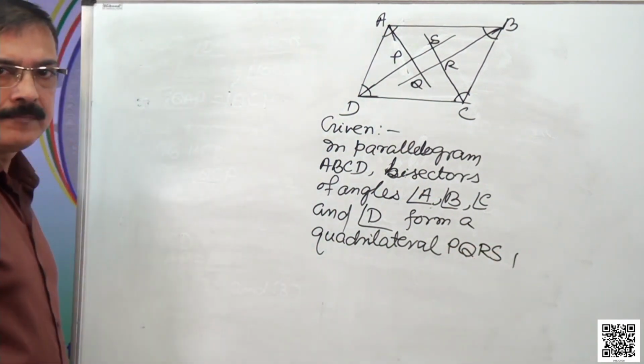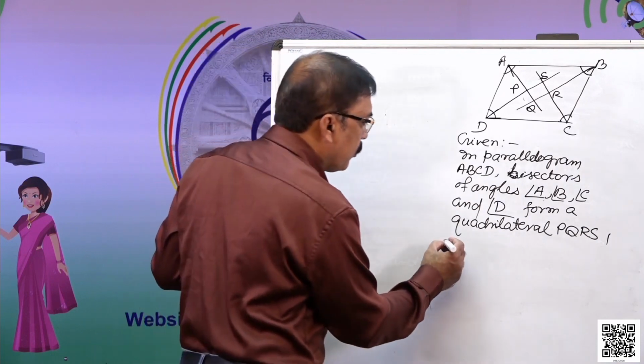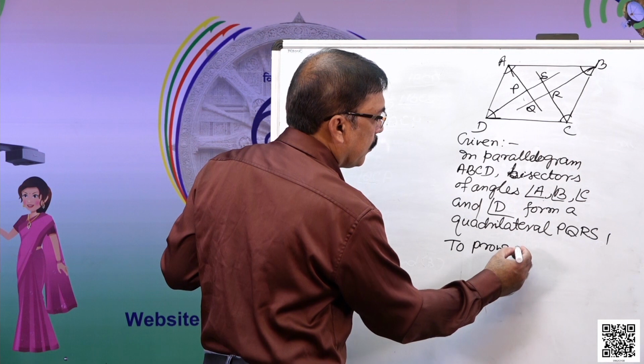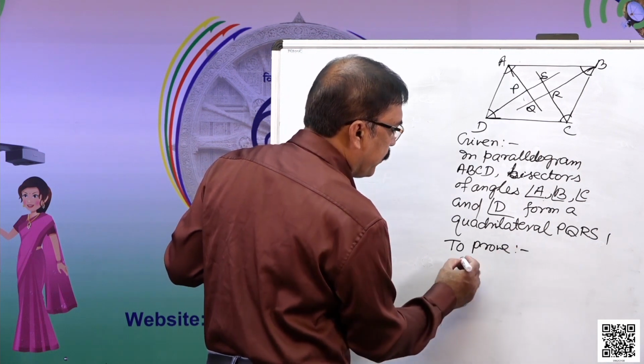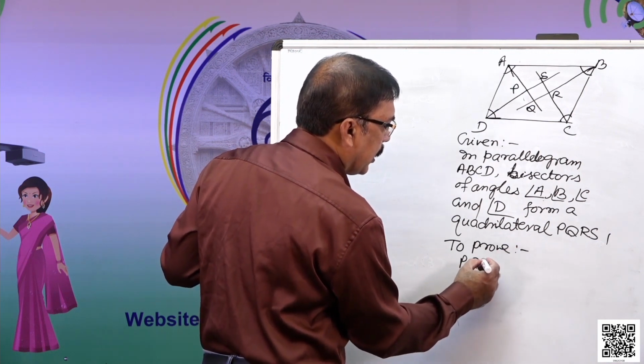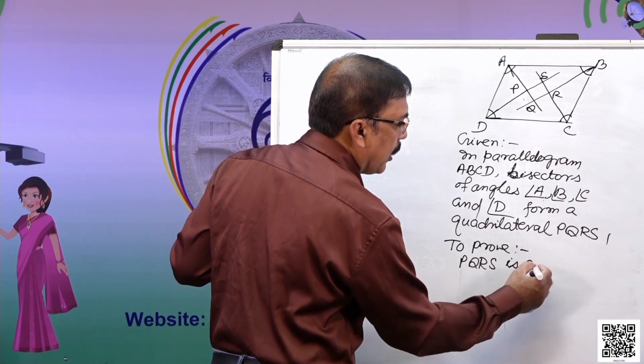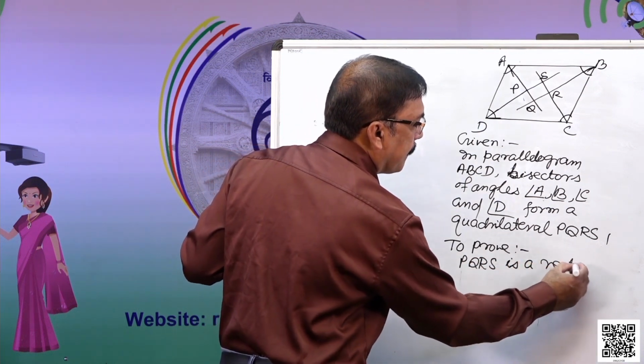This is given. So what to prove? We have to prove that PQRS is a rectangle.